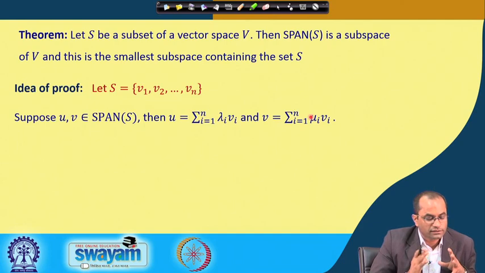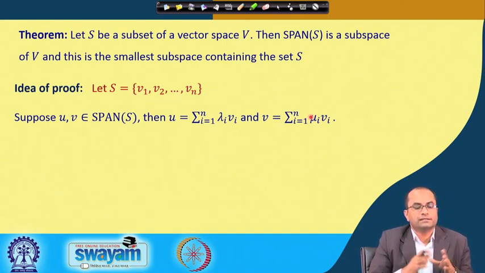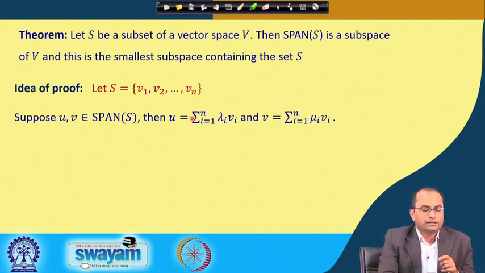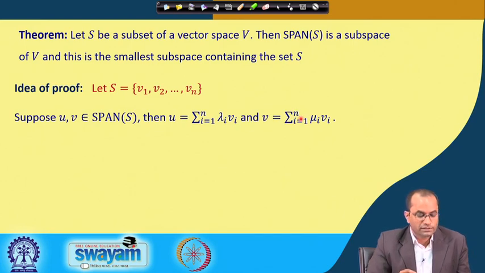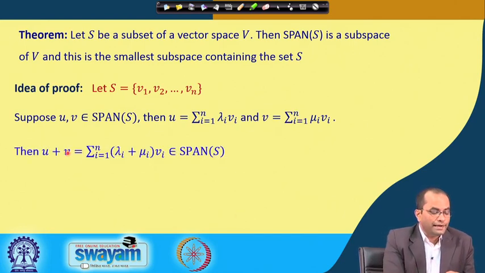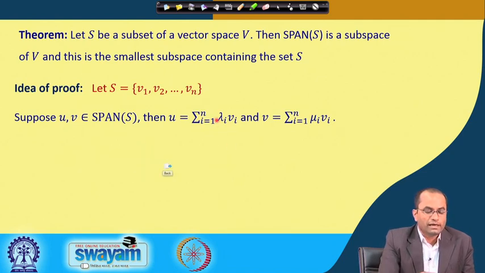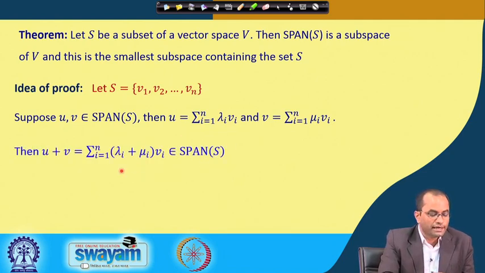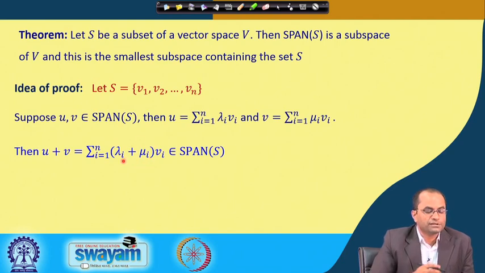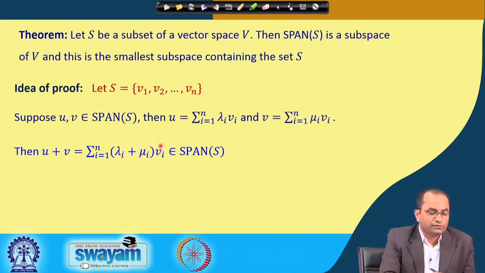So, these two vectors which we have taken from the span S must be linear combinations of the vi's. Now, if we add them, u plus v, what will happen? This will be the sum of lambda i plus mu i, times vi.